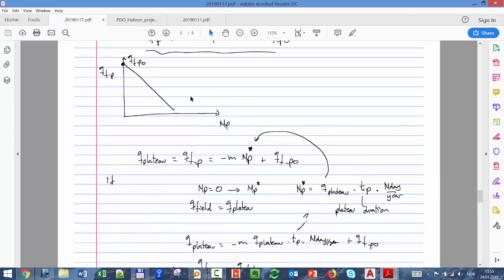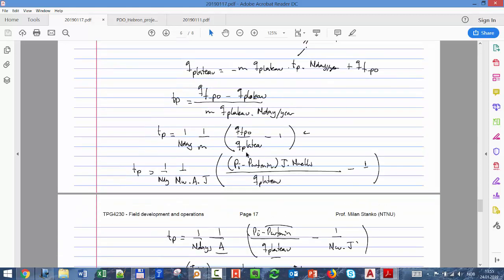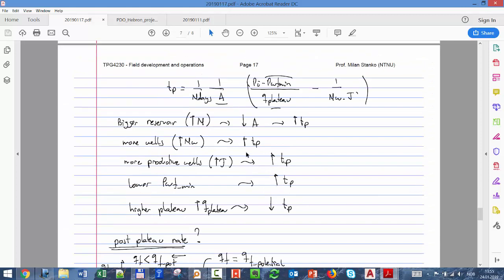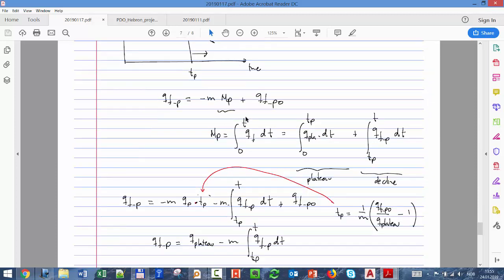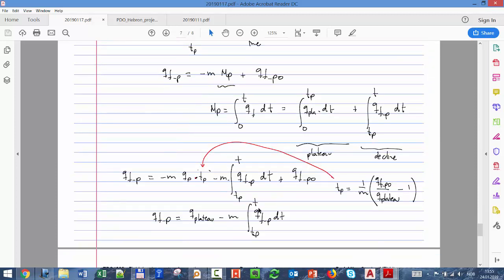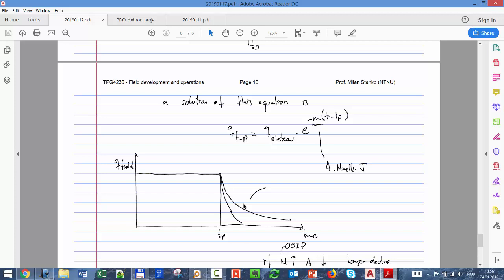We know that after I reach that point of intersection, the end of the plateau, I enter in decline. And in decline, what we discussed, I'm always producing at the potential rate. So I came to my original equation, I substituted two periods, a plateau period and a potential period, and then I found a solution for that equation that was actually an exponential.